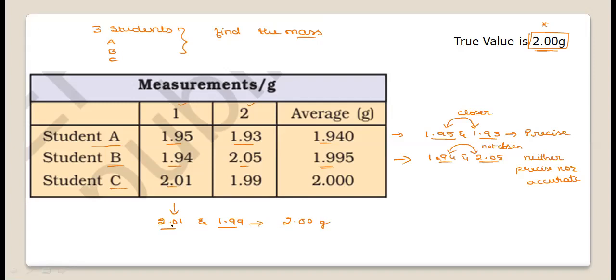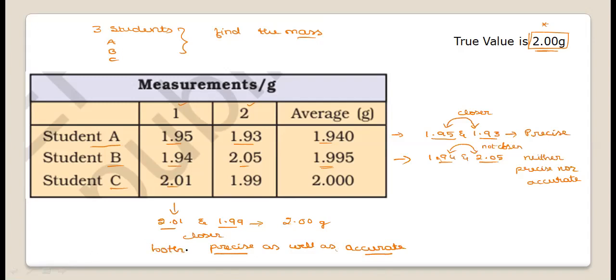As the two measured values are closer, we can call the data of student C precise, and the obtained average is in agreement with the true value. Hence, we can take the value of student C as accurate also. So the measured values of student C are both precise as well as accurate.